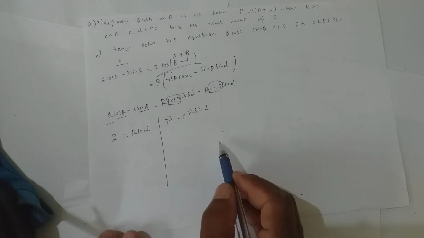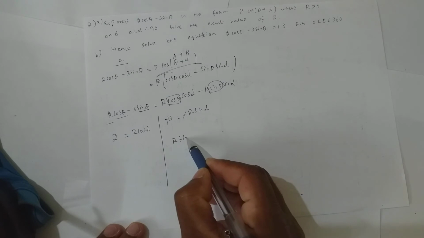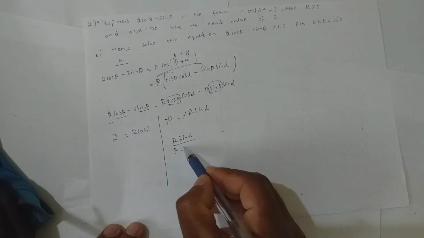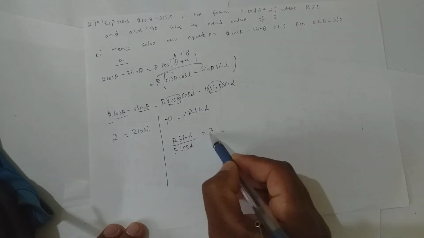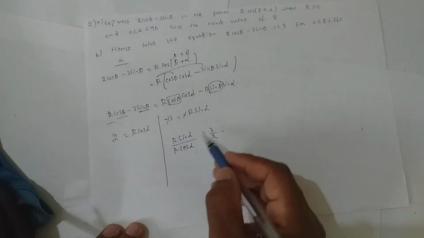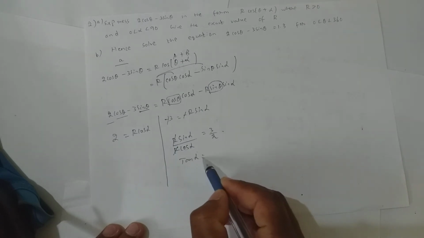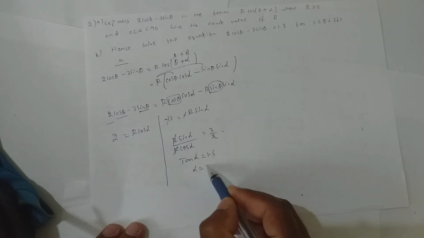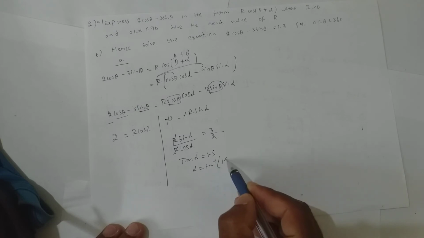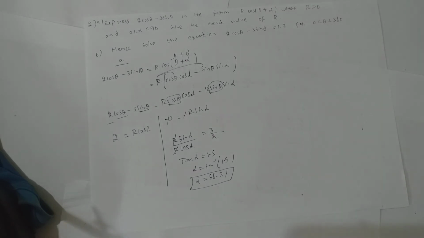Now again to get alpha, I need to divide. So r sin alpha by r cos alpha equals 3 by 2. Am I clear? Again, it's similar to the first sum. r and r get cancelled, I get tan alpha, which is 1.5. So alpha equals tan inverse of 1.5, which is 56.31. That is my alpha.